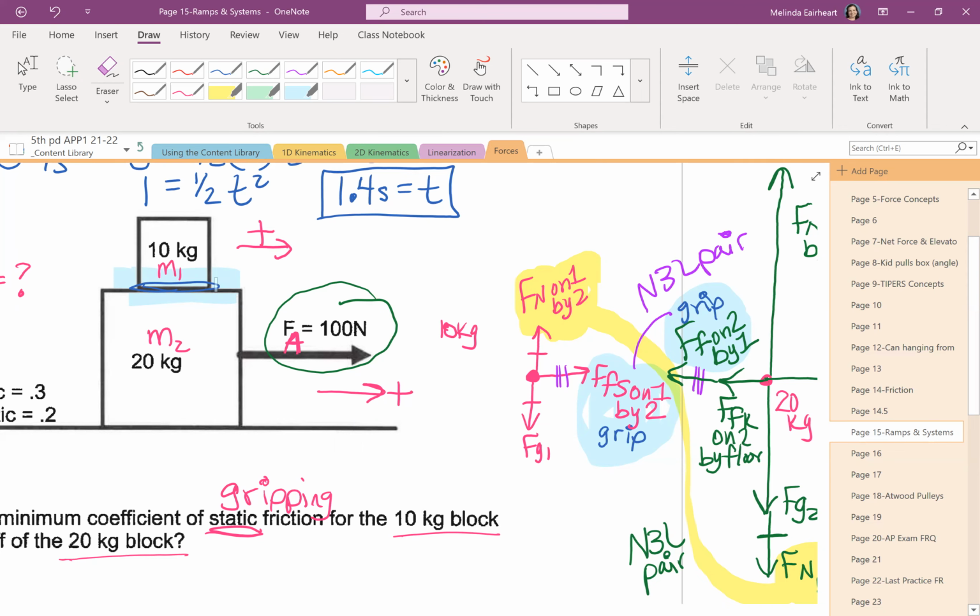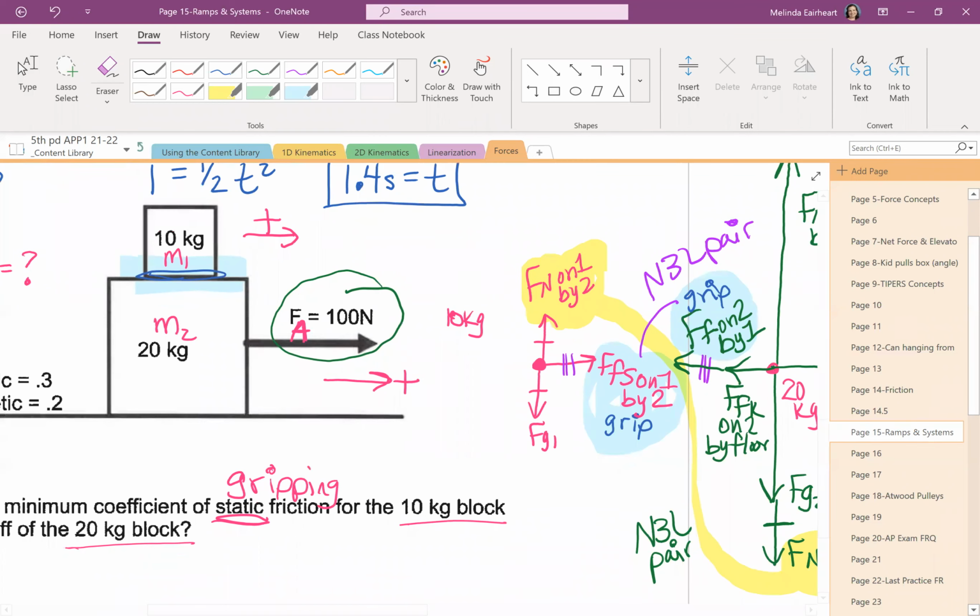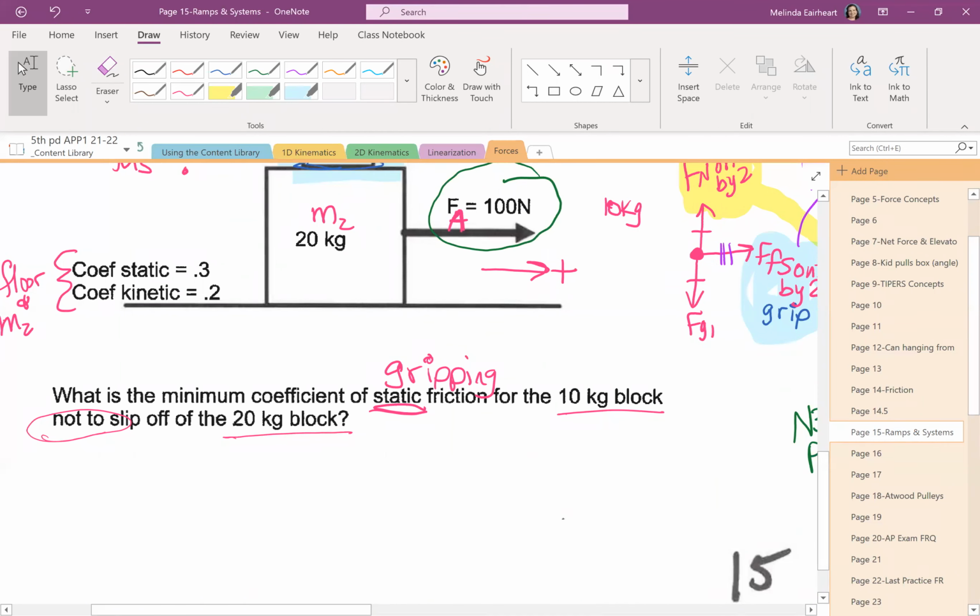We're not overcoming that static max, which is actually the concept we got to consider to solve for this. And so what are we solving for? I've already forgot. What is the minimum coefficient? So we're just looking at that minimum amount that we can pull on block 2 and have enough maximum static friction, that's weird, right?